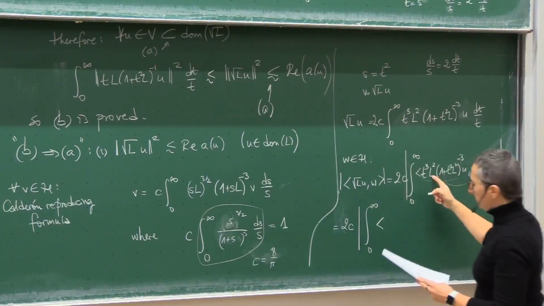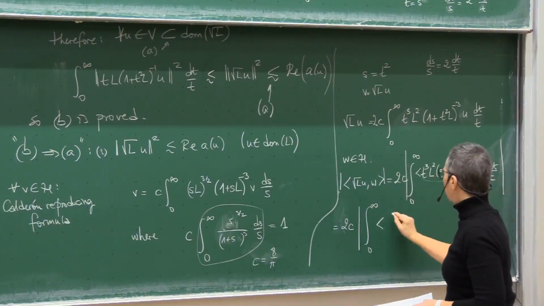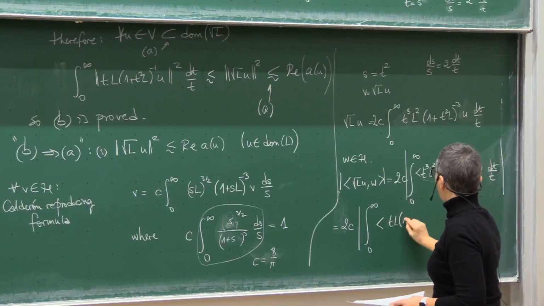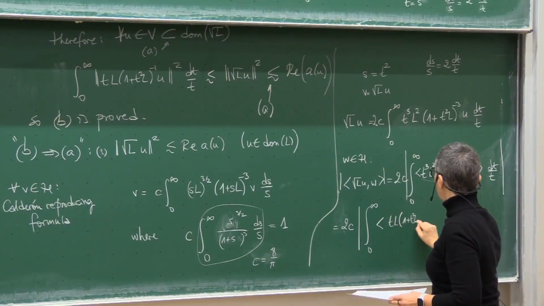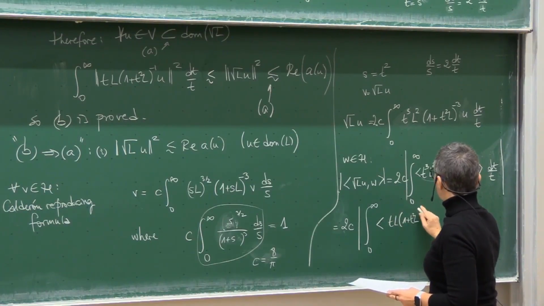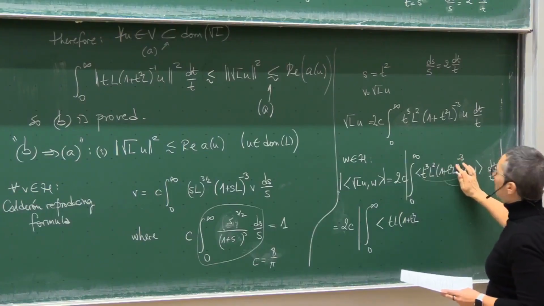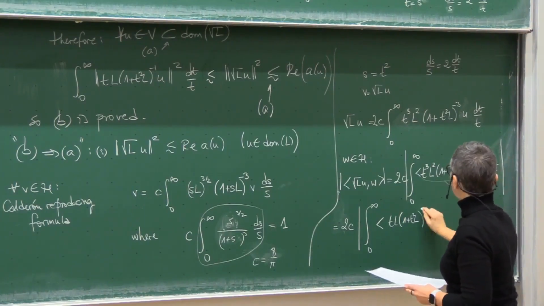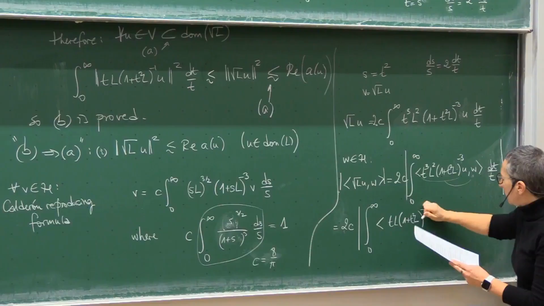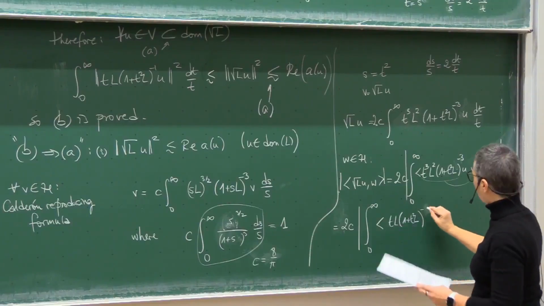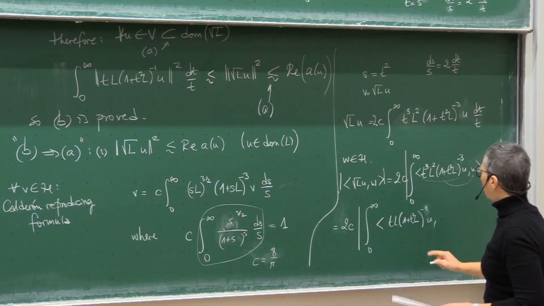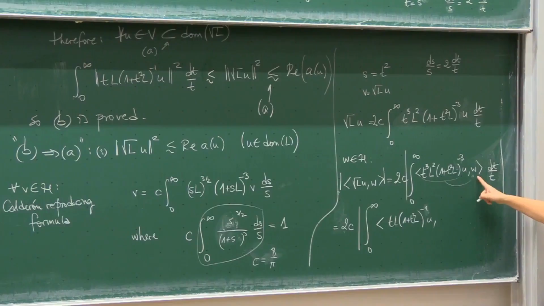What do I keep here? I keep a tL, 1 plus t squared L, there's no squared here, to the minus 3, to the minus 1, u. What is going on the other side?